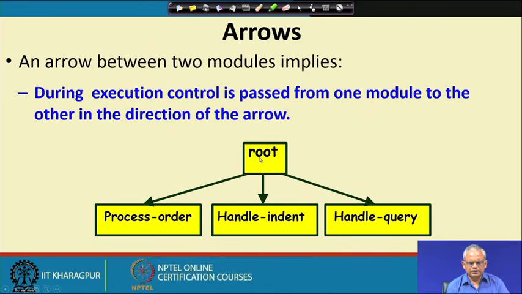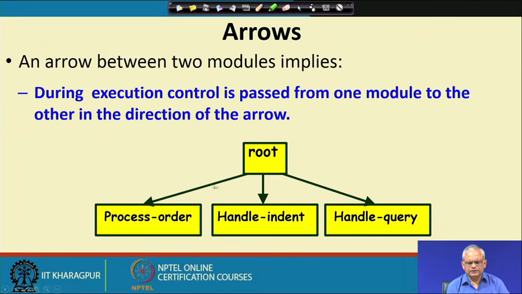When there is a call from one module to another module, then the control is passed from one module to the other. So, if root calls process order, then the control is passed from root to the process order, and then once the process order completes, the control is back with root, and then it may call handle indent and then the handle query.